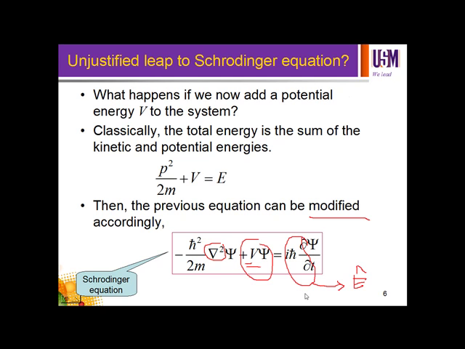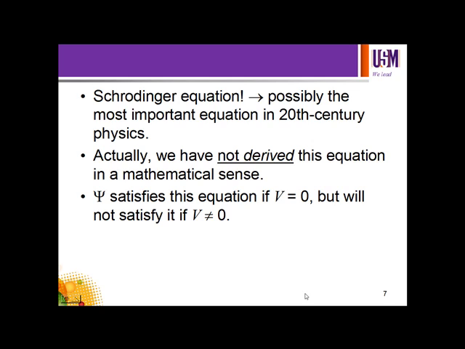So this is the Schrodinger equation, possibly the most important equation in 20th century physics. Yes, because most of the discoveries in atomic physics, in nuclear physics, and in particle physics are due to this equation.